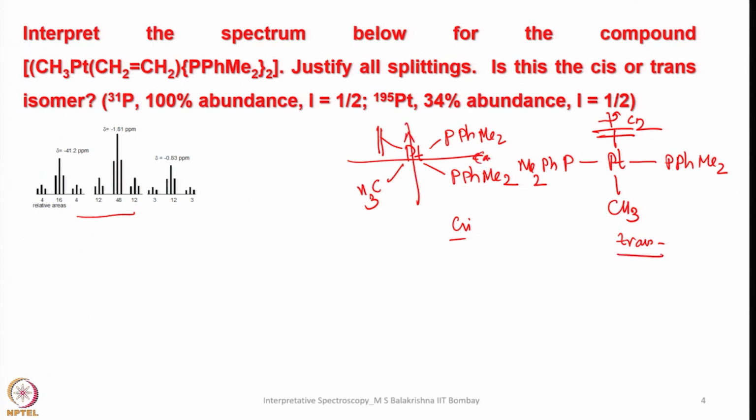So, if you consider this one, now we have to see which nuclei's NMR the spectrum given here represents. If we look into phosphorus, we have two moieties, so PP coupling should be there, and it should appear as a doublet of doublets. That is not there; the pattern does not look like this kind of spectrum if it is phosphorus NMR.